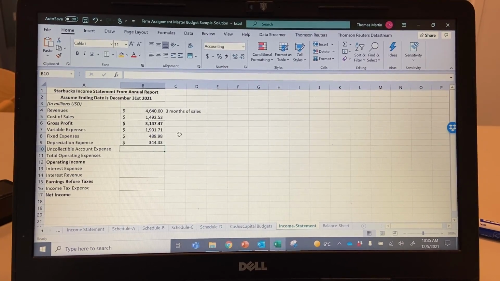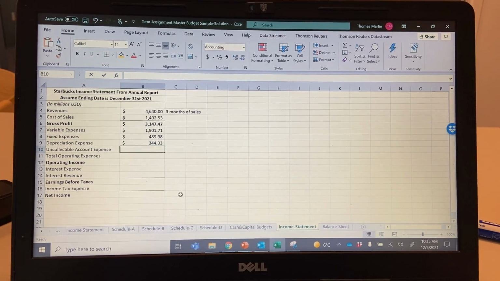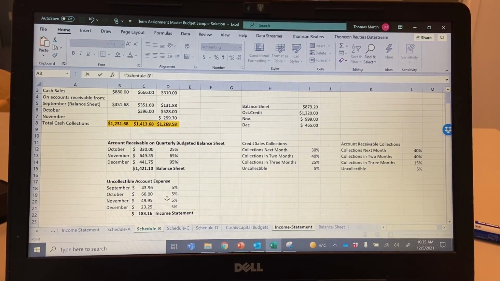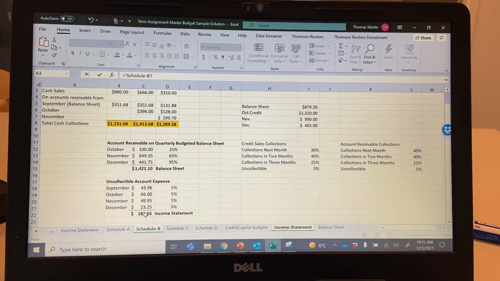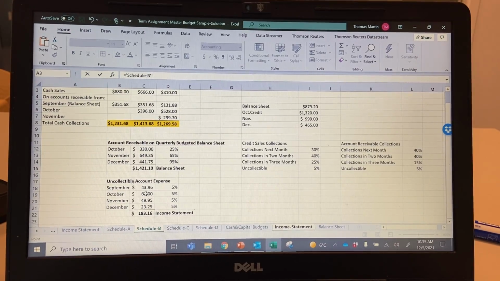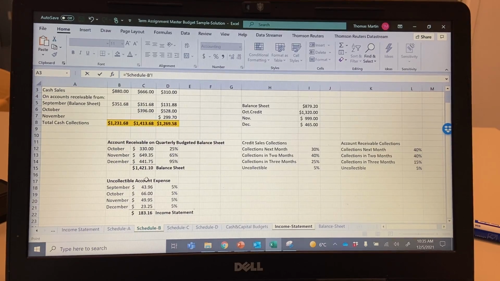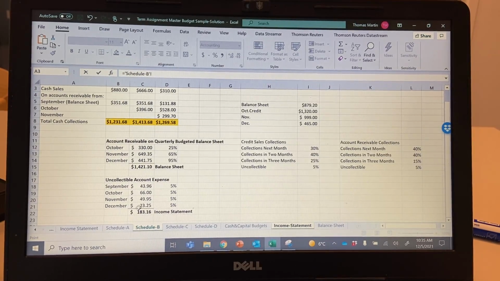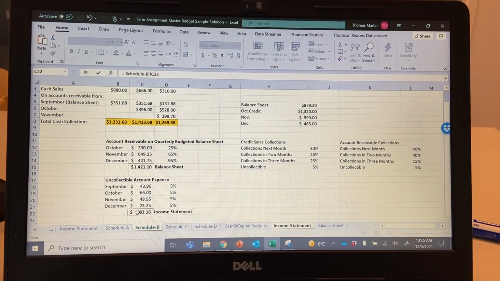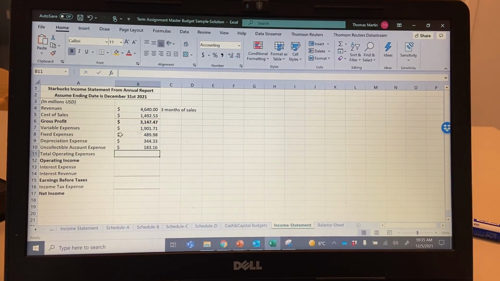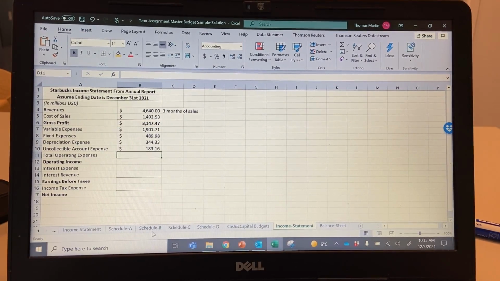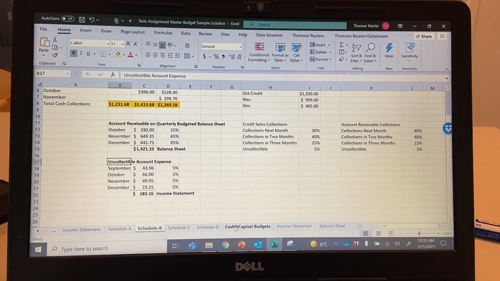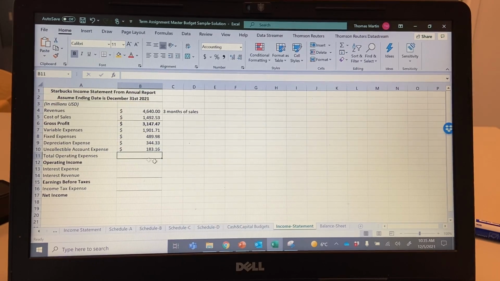Now we also have uncollectible account expense, coming from Schedule B, where 5% of our sales are not collectible. That's a debit journal entry to uncollectible account expense and a credit to account receivable. We're basically writing off the account. This total gets transferred to your income statement as uncollectible account expense.